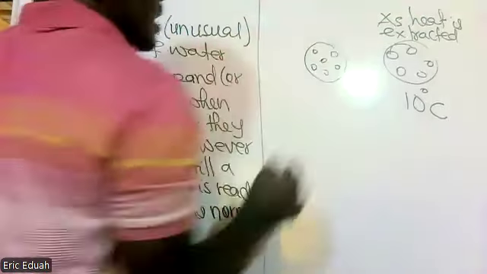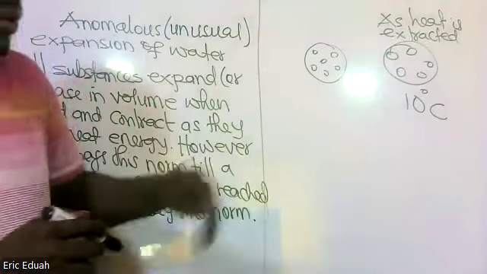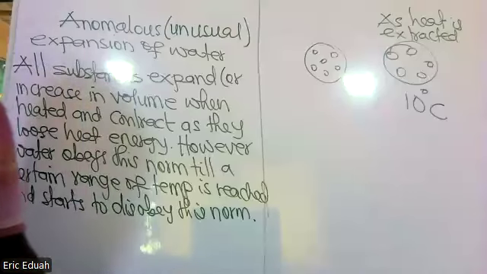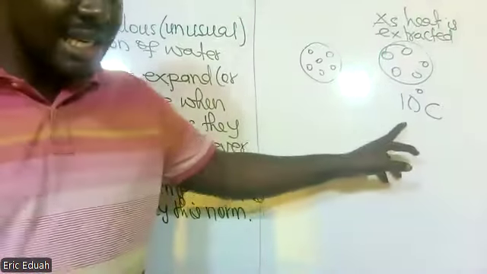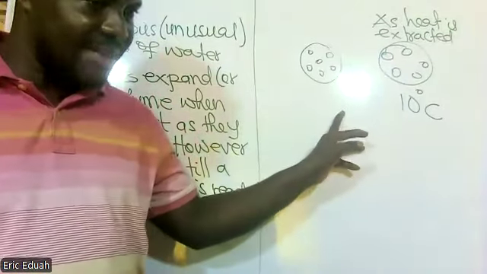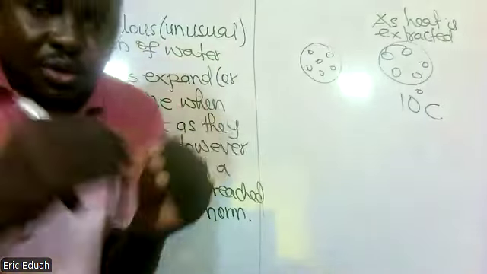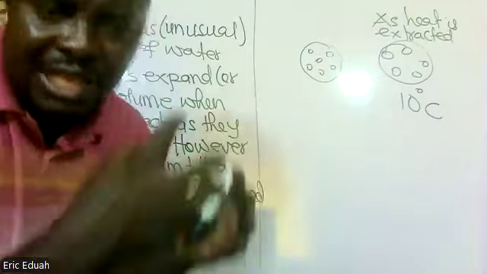Or it will contract, the molecules contract. So what are we doing? We are extracting heat energy out of it. So water shrinks or contracts. So 10 degrees Celsius, 9, 8, water will be contracting. Okay, contracting as we extract.